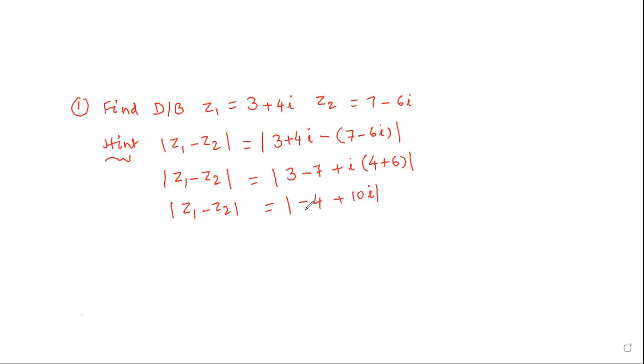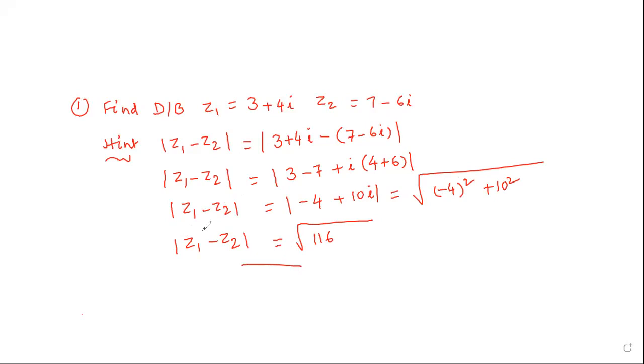Now write down its modulus value: square root of minus 4 square plus 10 square. This is equal to square root of 116, which is the value. Okay? Right. Next problem we can see. Second problem.